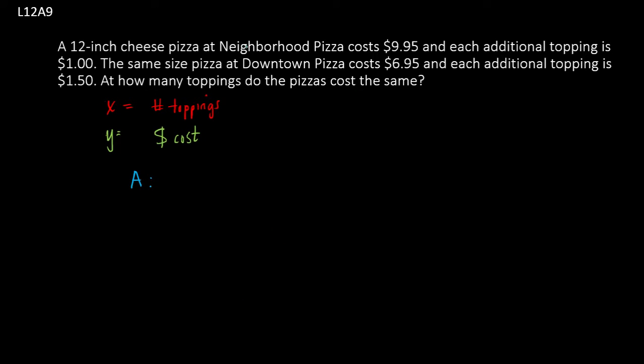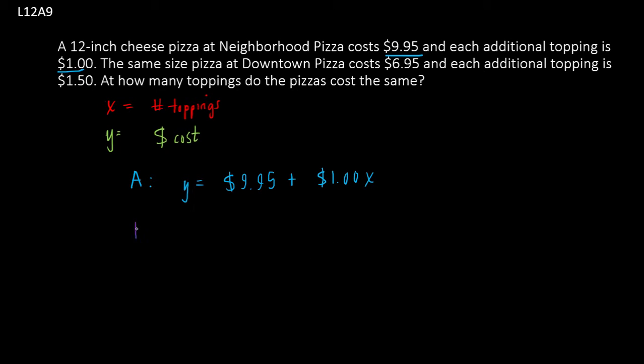So let's start with Neighborhood Pizza. Their pizza costs $9.95, so y, the total cost of this pizza, is $9.95 plus, for each additional topping, $1. So plus $1 for every topping.